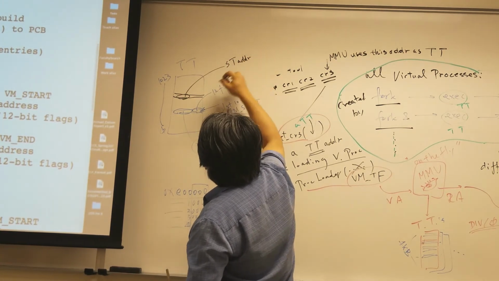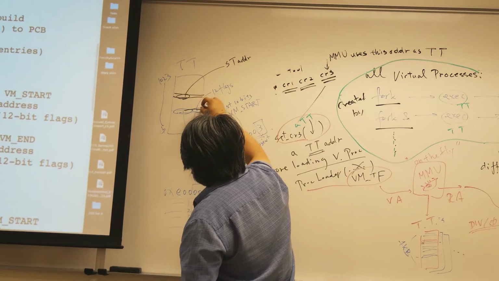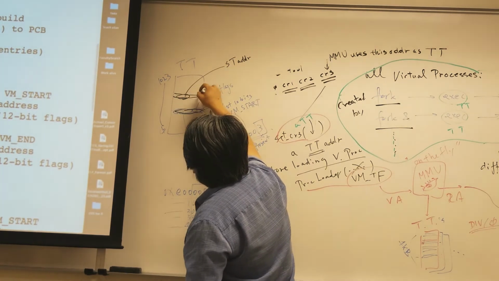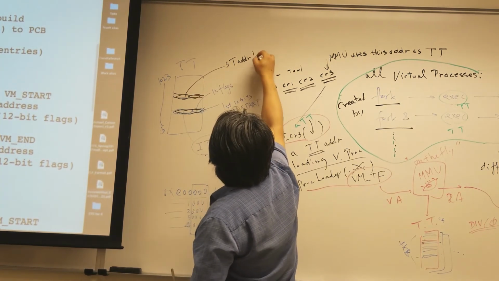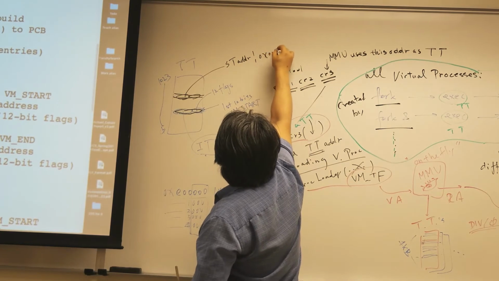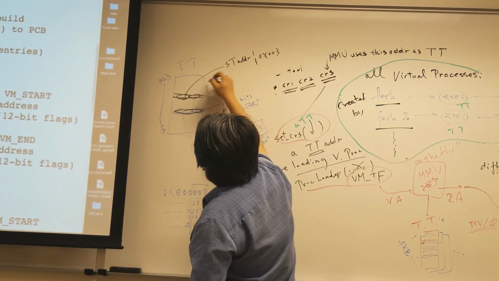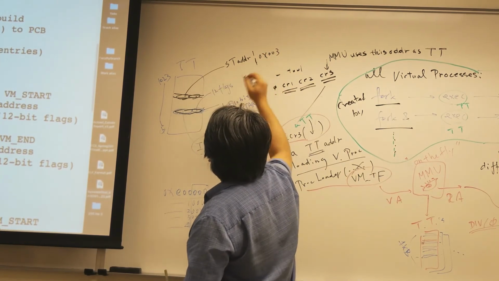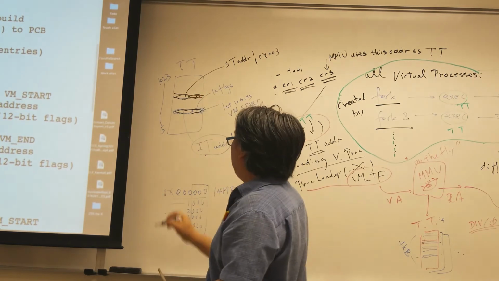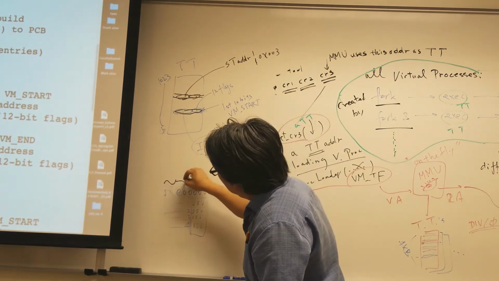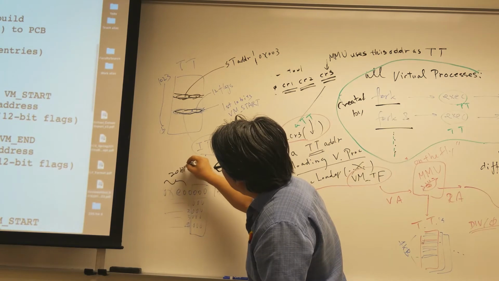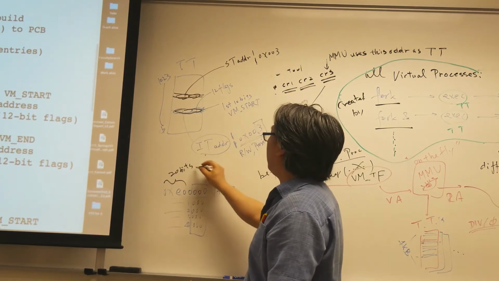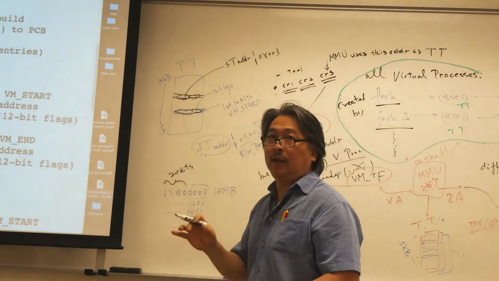The whole thing with the flag added is like this. The front 20 bits are the address, plus 12 zeros.